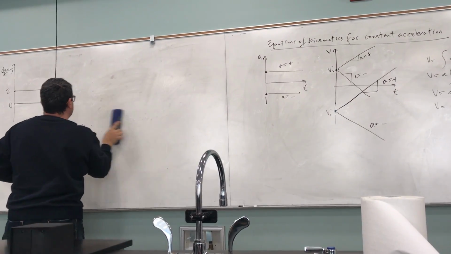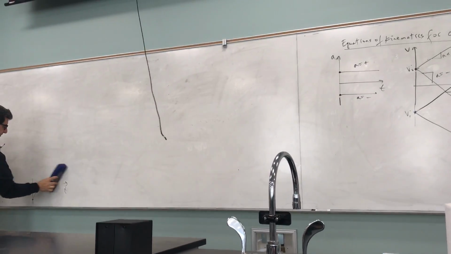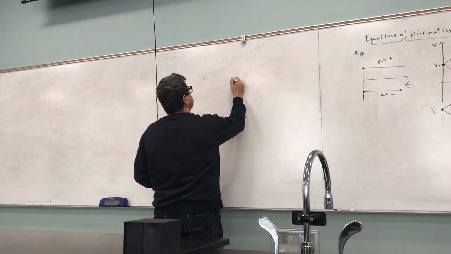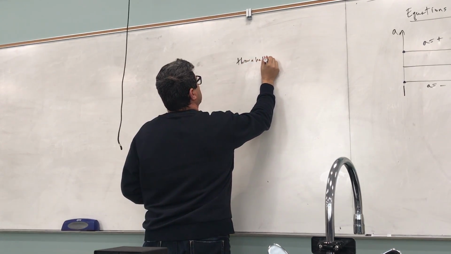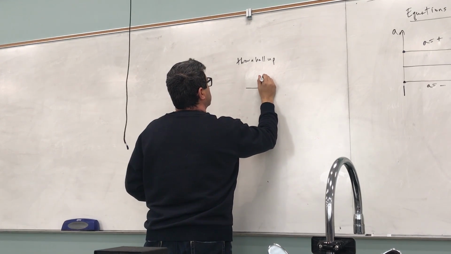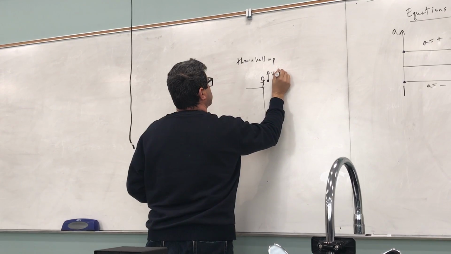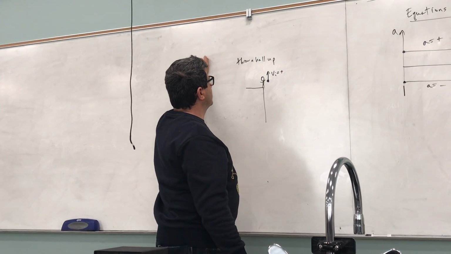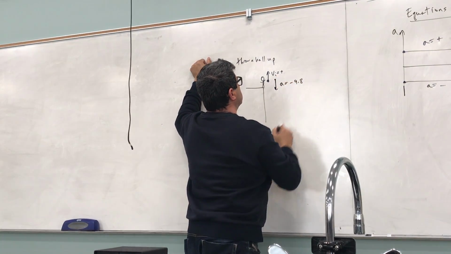One of the best scenarios we can visualize is throwing a ball up or throwing a ball down. So if you throw a ball up, v initial is positive, and then a is negative 9.8.